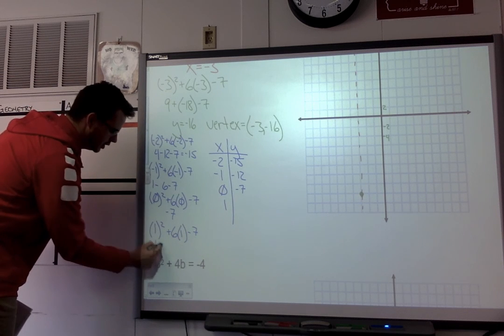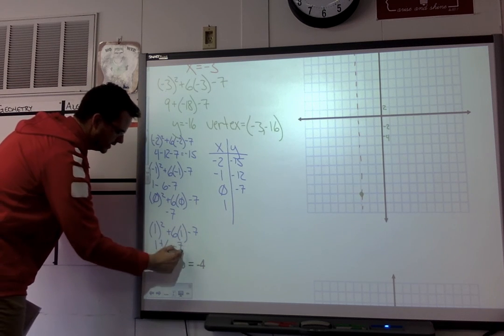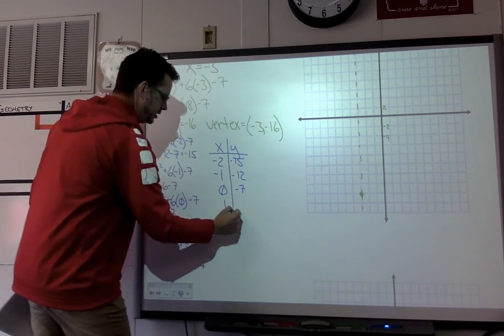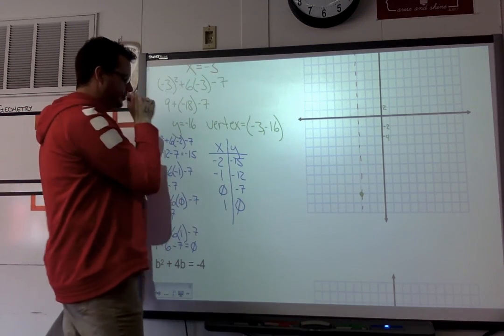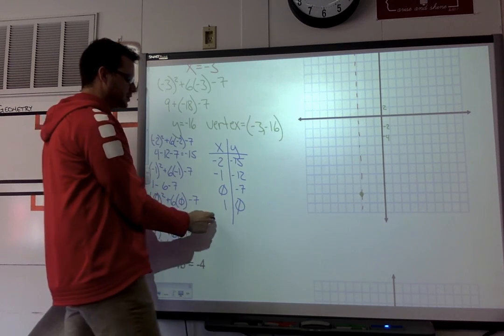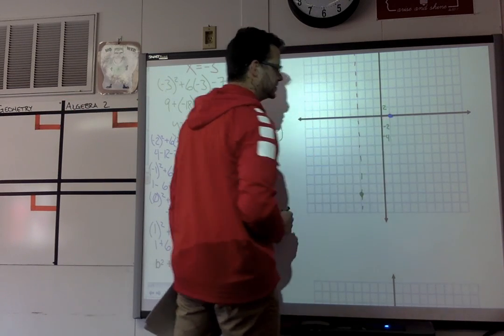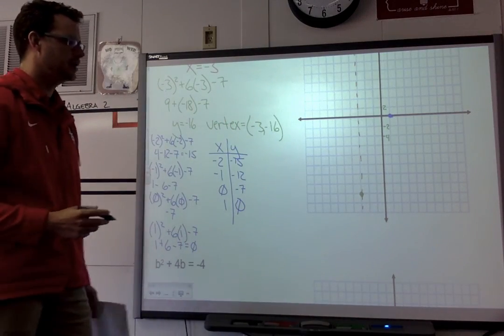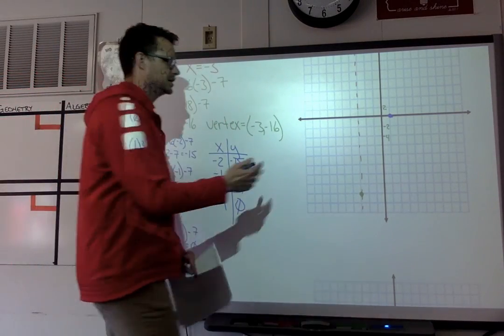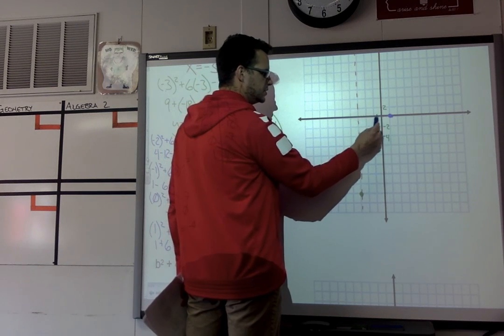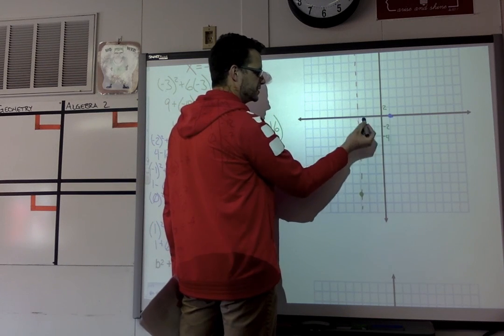Here I'm going to have 1 plus 6 minus 7, which gives me that 0 value that I need. So I know I'm going to have an x-intercept or a solution at 1, 0. It's going to cross the x-axis at 1. Then in order to figure out where it's going to cross the x-axis over here, on this one it's 1, 2, 3, 4 units from the axis of symmetry.